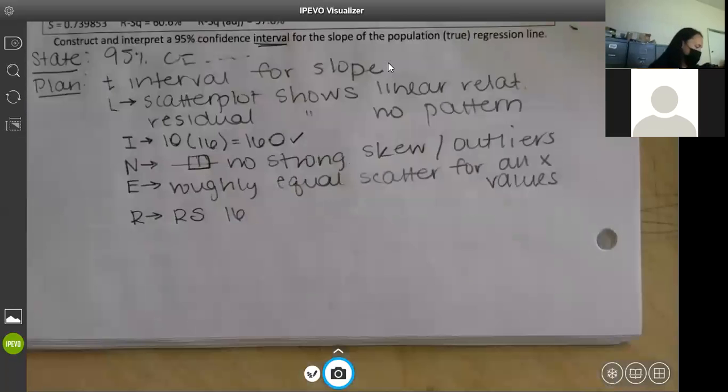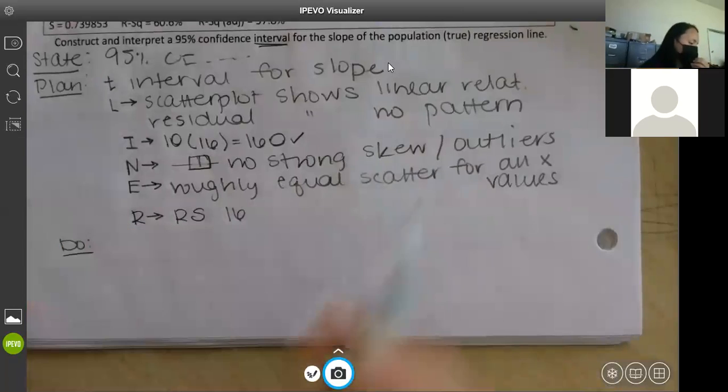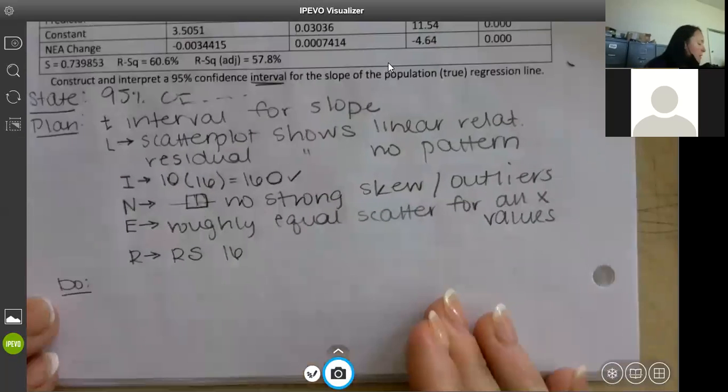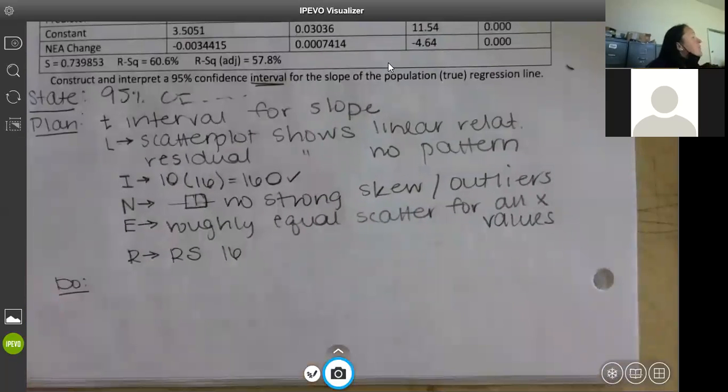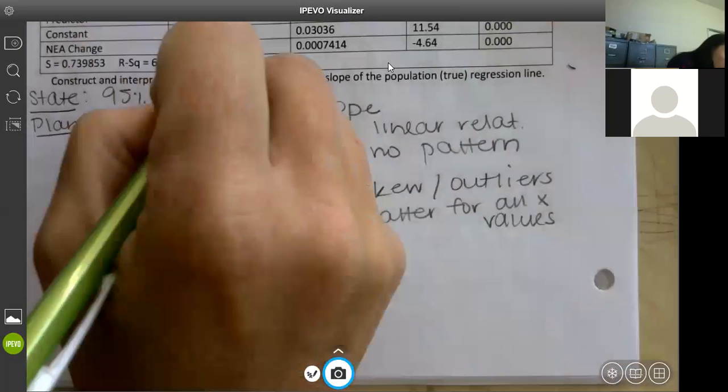All right, so in the do section, to figure out your interval based on all of your stuff right here, you're gonna use your formula. So the first number in your formula is gonna be this one.